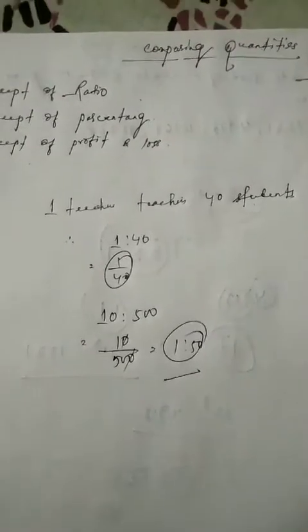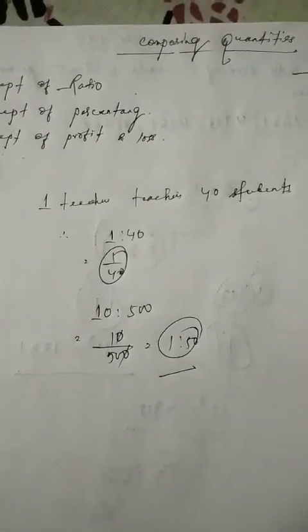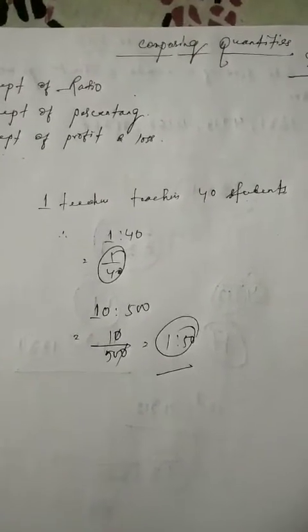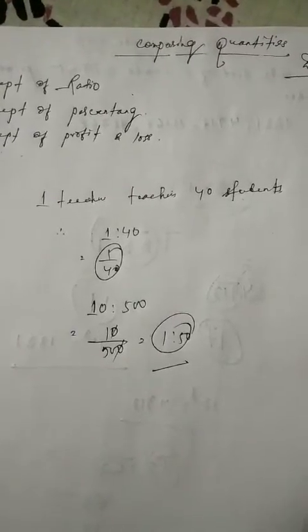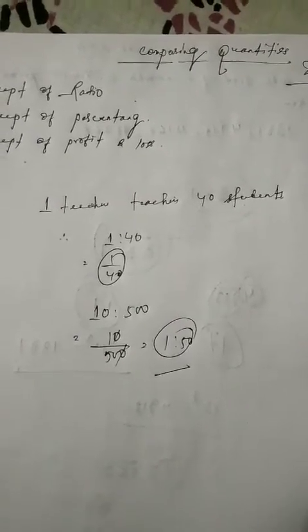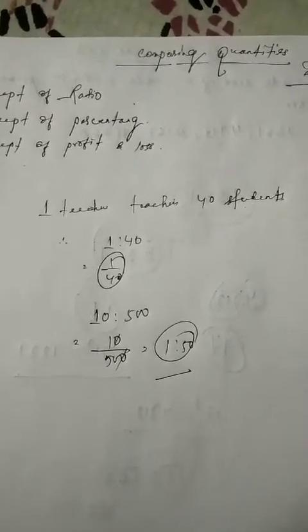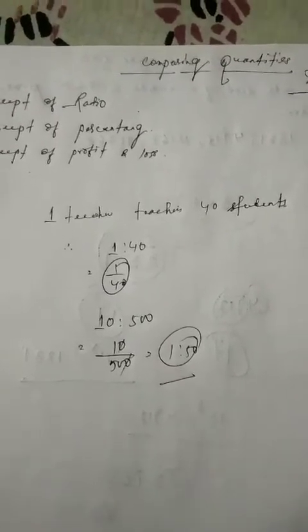So here is a concept of ratio in which I gave an example. That was a teacher teaching around 40 students in a classroom. So the ratio of teacher to students would be 1:40. We can deal with another example.